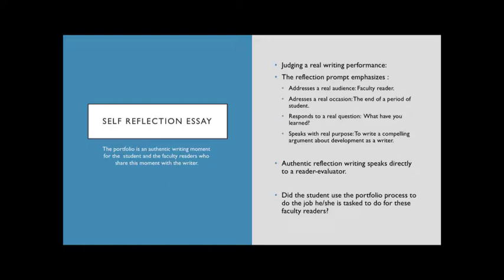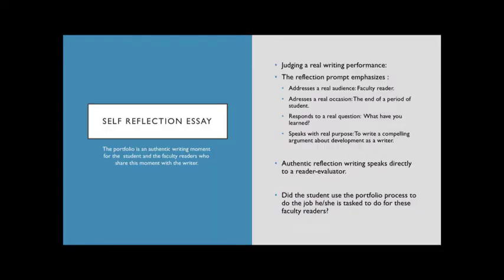What we're doing with the self-reflection essay, the reason I really have grown to love this assignment, is that it is an authentic writing moment for the student and for the faculty readers who share that moment with the writer. In other words, when you look at this portfolio, you are judging, especially the way we've written it, we all share one assignment sheet and we make sure that the assignment is written so that it emphasizes the fact that this is a real moment of writing.